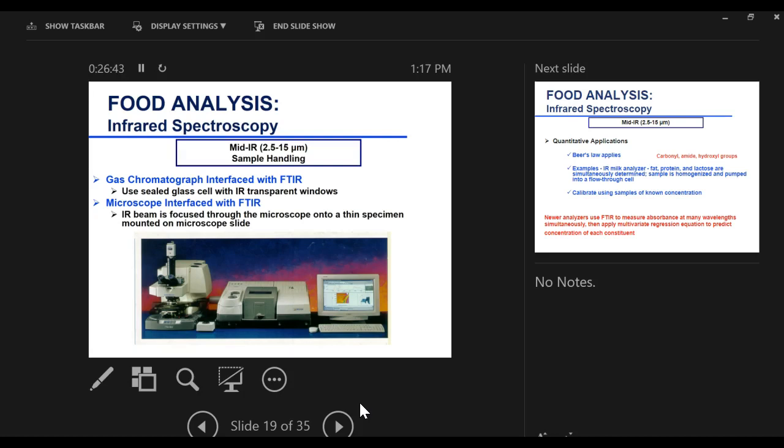I think one time I invited somebody from General Mills to talk about this, and she talked about something cool they do with sugar-coated Cheerios. They actually measure the crystallization of the sugar on the Cheerio using this tool to see if the crystals are uniform across the surface of the Cheerio. It's pretty cool.